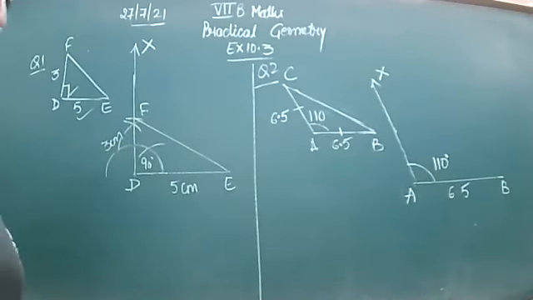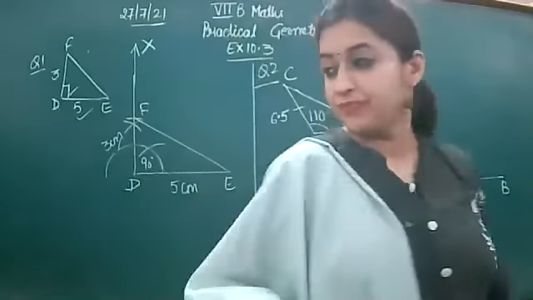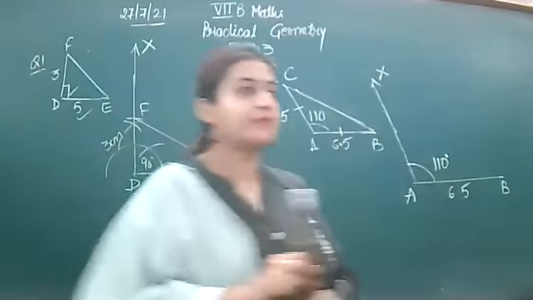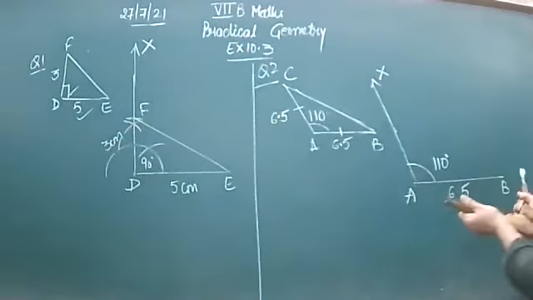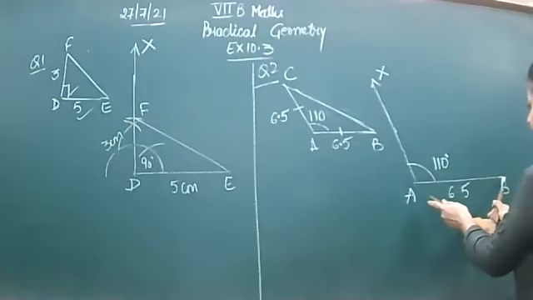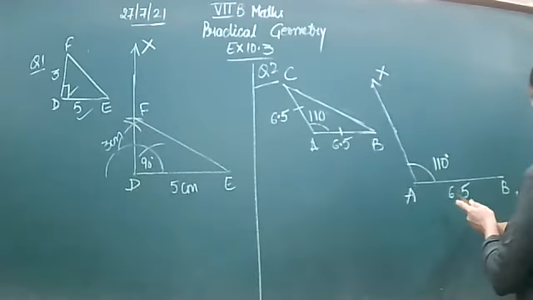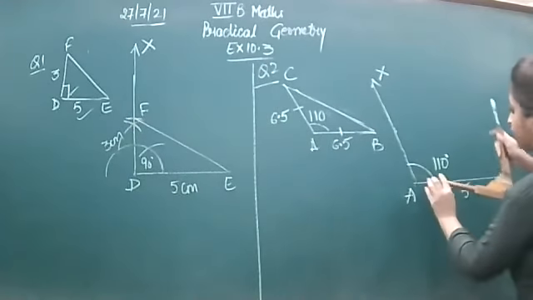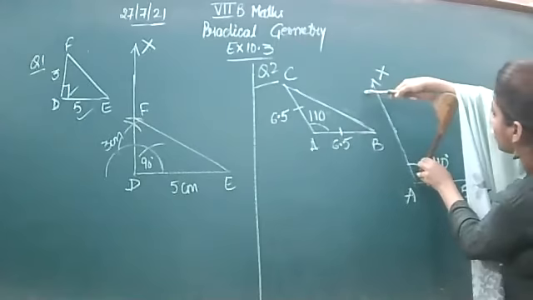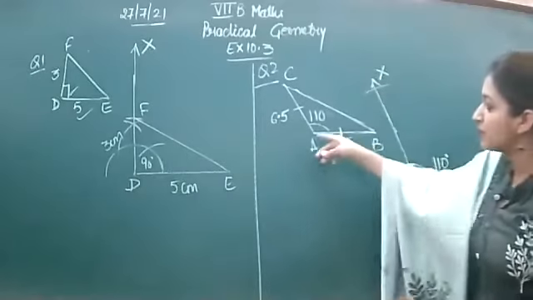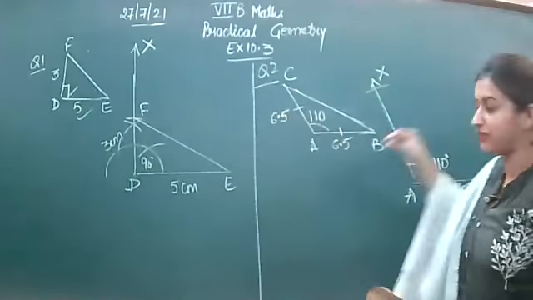Now what you will do, you will make a 6.5 centimeter arc. This is your 6.5. And from this point, you will again mark 6.5. Why? Because this line is also 6.5.